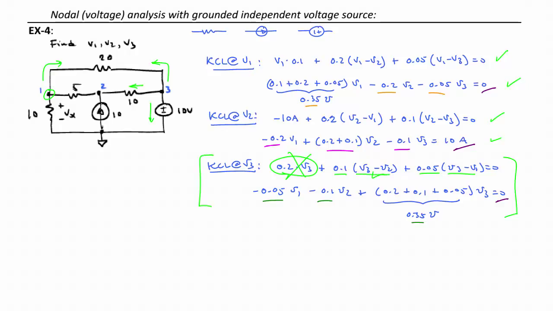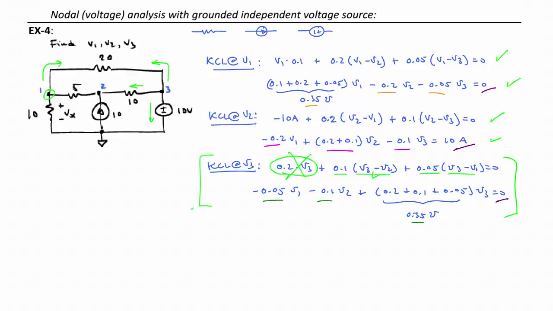And the reason that I can say that is that the voltage at node 3 is connected to ground through this voltage source, this 10 volt source. In other words, this 10 volt source is stating what the voltage at node 3 will be relative to the reference node.